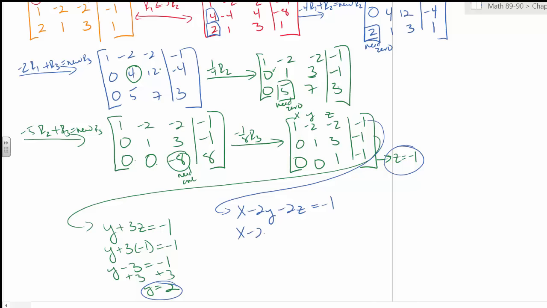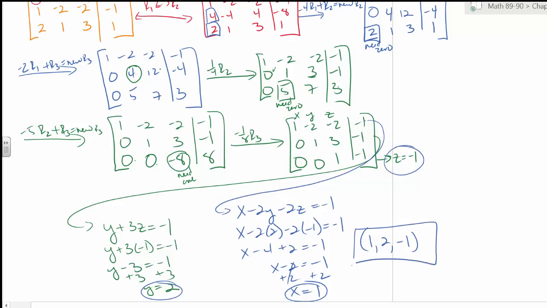So we have x minus 2 times 2 minus 2 times negative 1 is equal to negative 1. X minus 4 plus 2 is equal to negative 1. X minus 2 equals negative 1. Add 2 to both sides, and x equals 1. So as an ordered triple, this would look like 1, 2, negative 1.